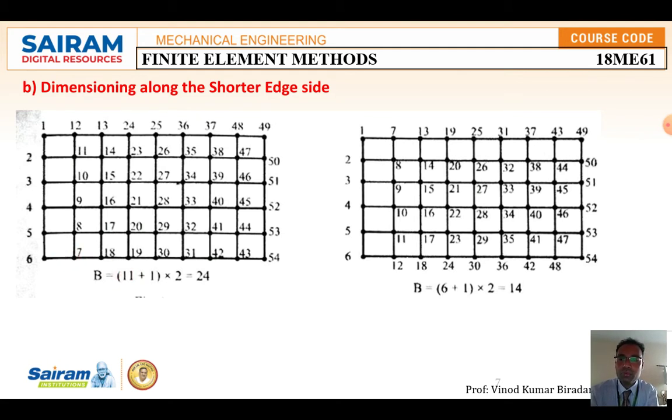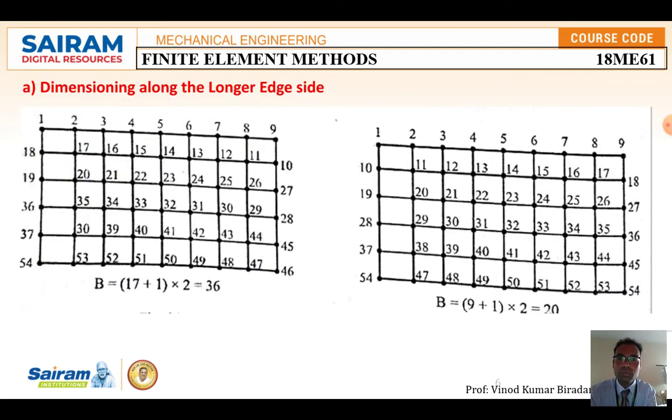On the shorter edge, the difference between node numbers, 1 2 3 4 5 will be there. Which is the maximum here? The maximum is 54. 54 minus 43, you are going to get 11. Okay, 11 you have to write. b is equal to 11 plus 1 into 2, which is 24. This is the second problem, and this is the first problem.